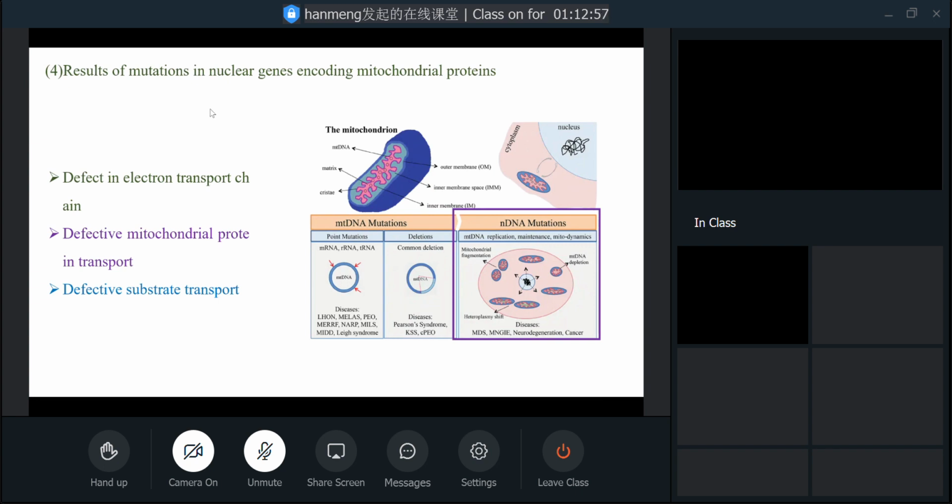But here, because the mutation is in the nuclear gene encoding mitochondrial protein, the genetic type of this is Mendelian inheritance.